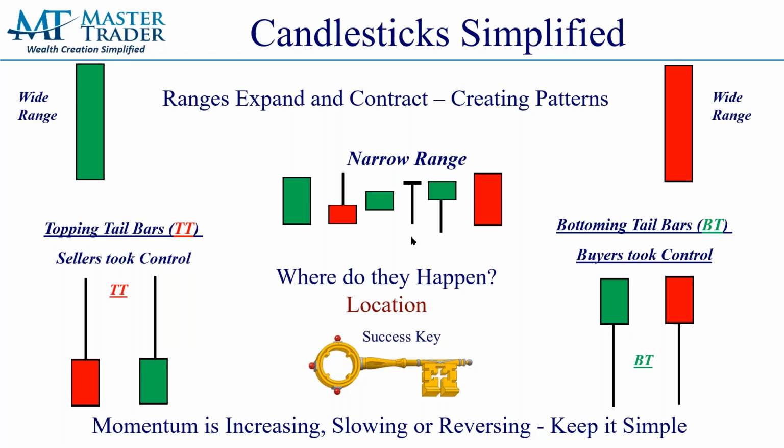We're interested in the big tail bars because big bars display emotion and commitment, and at times dashed expectations, depending on where they form. It communicates to us momentum is slowing down, it's increasing, it's reversing. So small, narrow bodies show slowing momentum. Big candles tell me that there's been an increase in momentum.